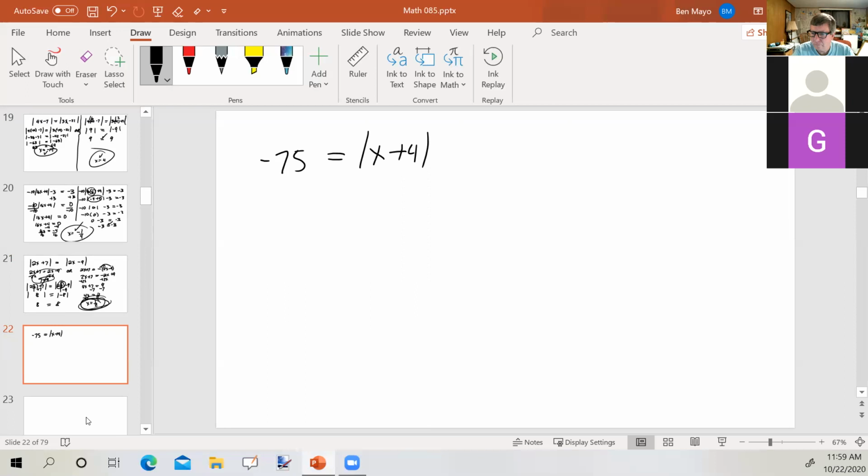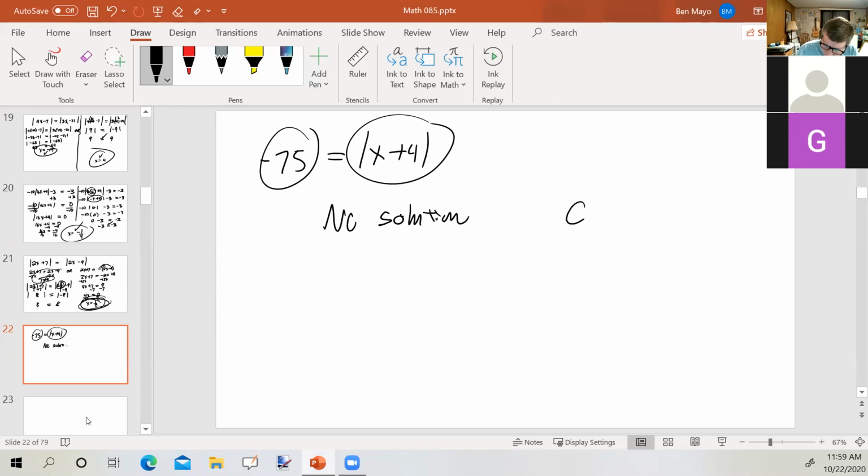Is that undefined or no answer? Well, you'd say it doesn't exist or no solution, because an absolute value can't equal a negative number. Sometimes in WebAssign, you're supposed to write does not exist. It'll tell you in the instructions.